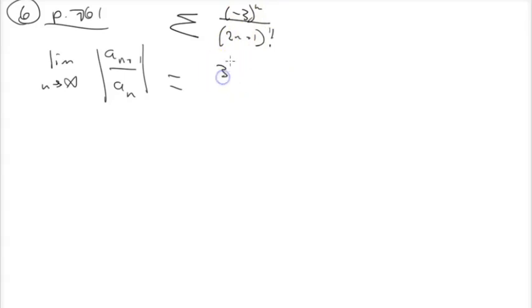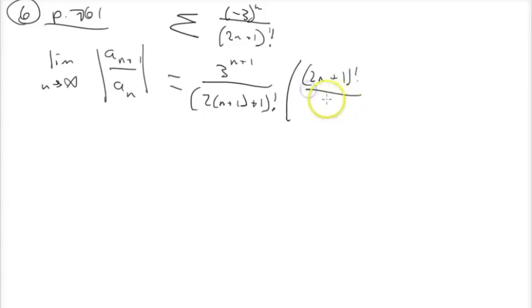So it'll be 3 to the n plus 1 over 2 times n plus 1, all of that factorial, and then divided by, so I'm just going to multiply by the reciprocal of a sub n, 2n plus 1 factorial, and then 3 to the n. And this is, of course, the limit as n approaches infinity.